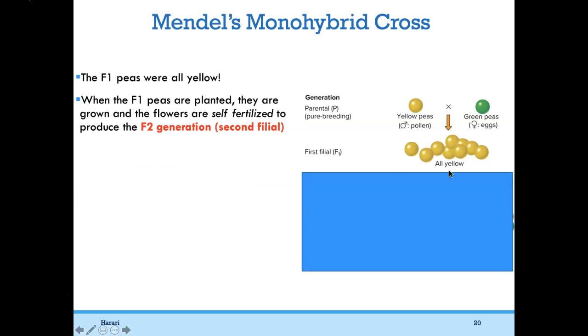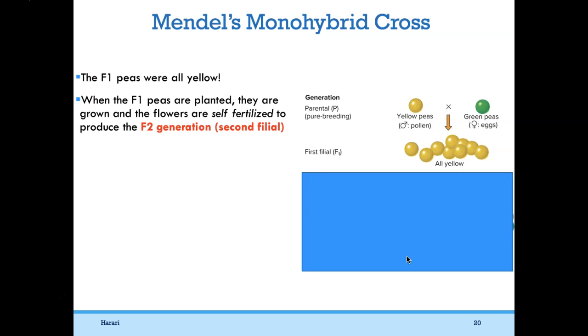When the F1 peas, these yellow peas, are planted, they grow into mature pea plants that have flowers. You can then self-fertilize those flowers. So you're taking the male part of the flower and putting it on the female part of that same flower and waiting for the peas to grow. This next generation of peas would be considered the F2 generation, the second filial generation.